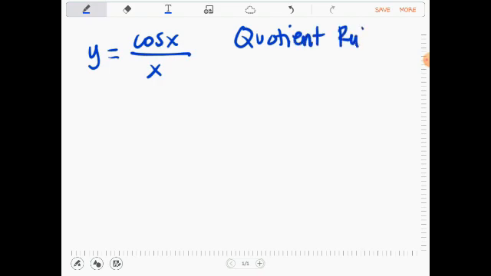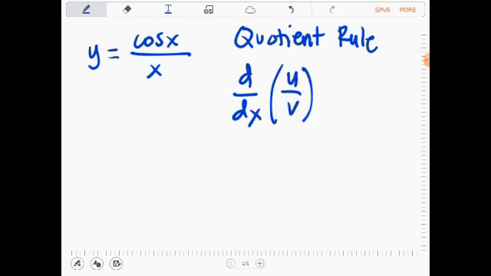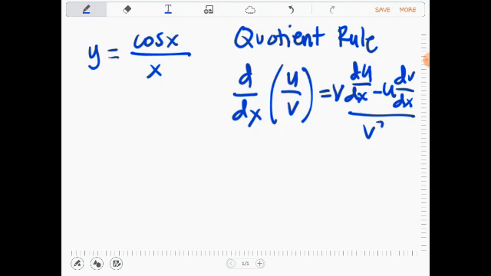The quotient rule says, if we have the derivative of u over v, that is equals to v times the derivative of u with respect to x minus u times the derivative of v with respect to x all over v squared. Okay? So, now, this is our u and this is our v. Okay?